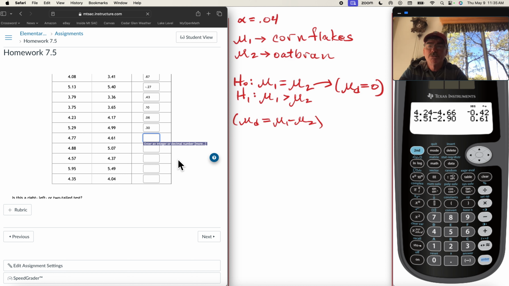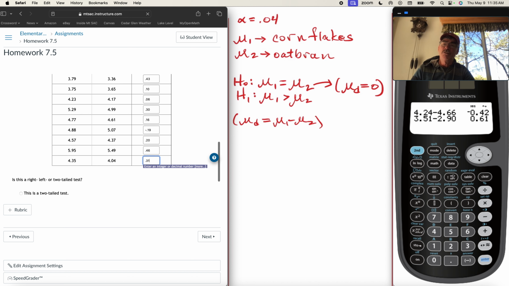Okay, so then after that 0.16, then negative 0.19, 0.20, okay, 0.46, and finally 0.31 should be the last one.